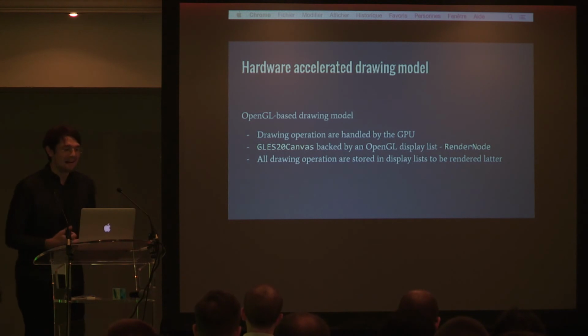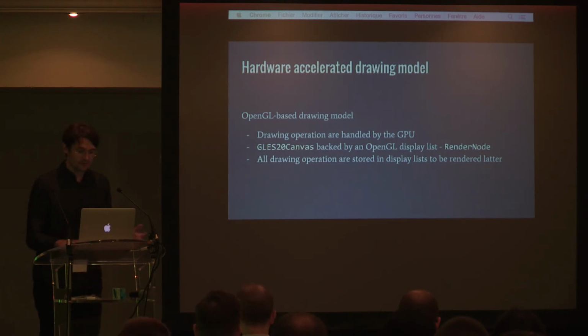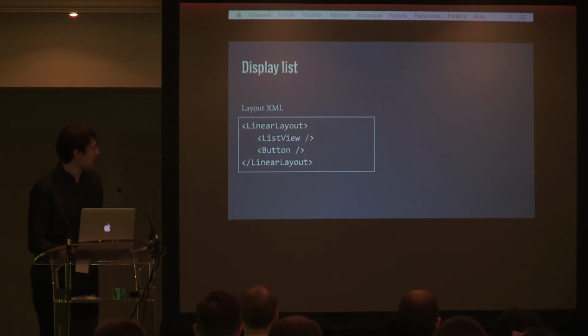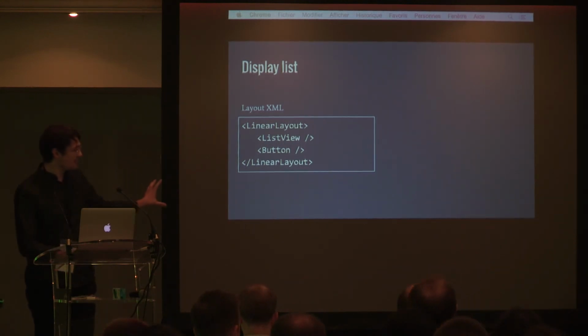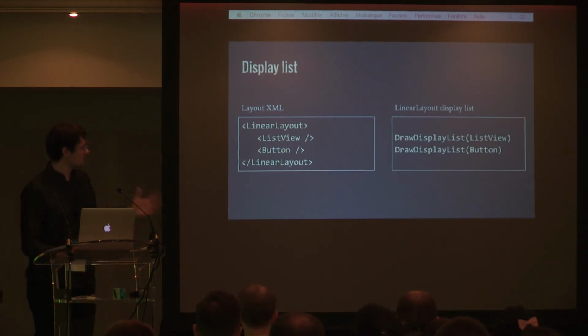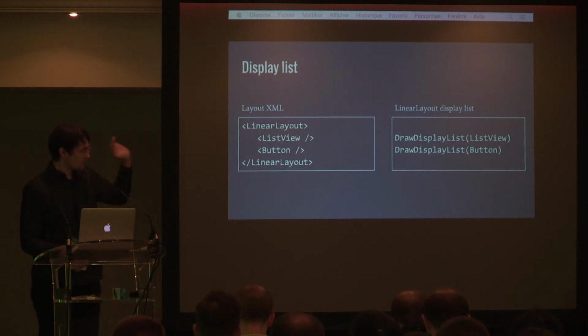Display lists are very, very simple. Each view has its own display list. So to draw a linear layout containing a list view and a button, you just have a display list that draws other display lists.